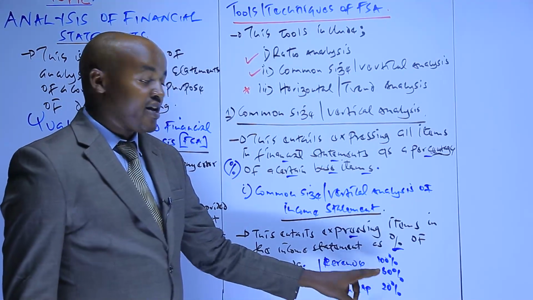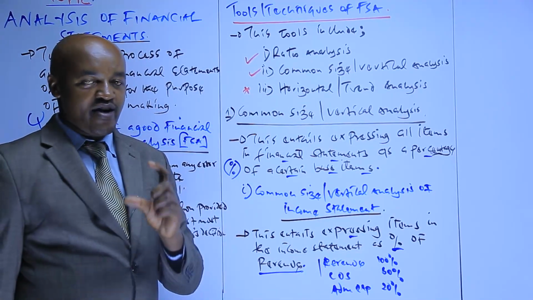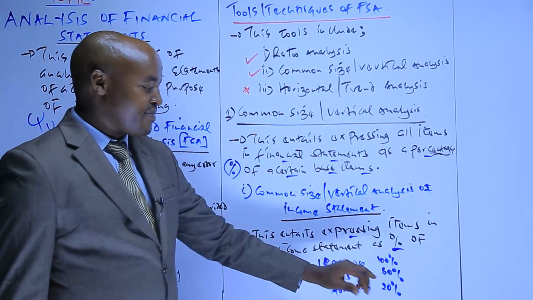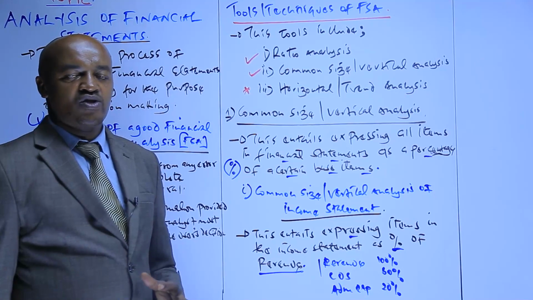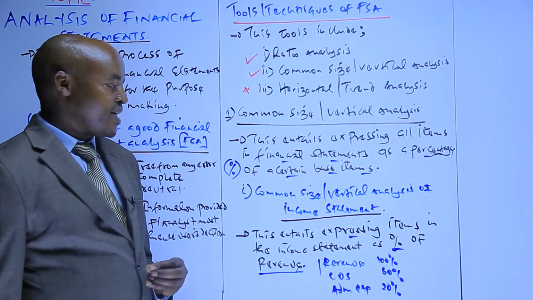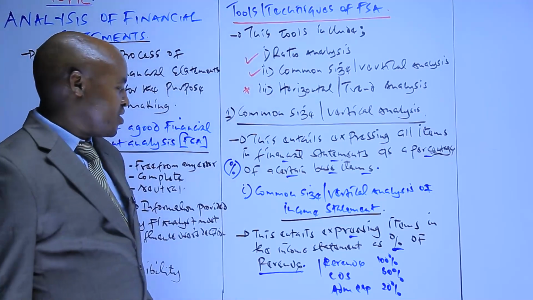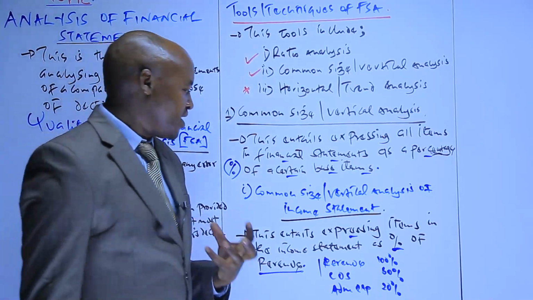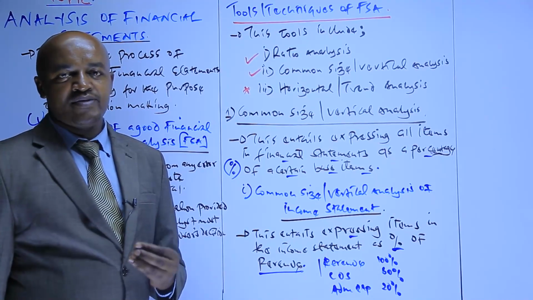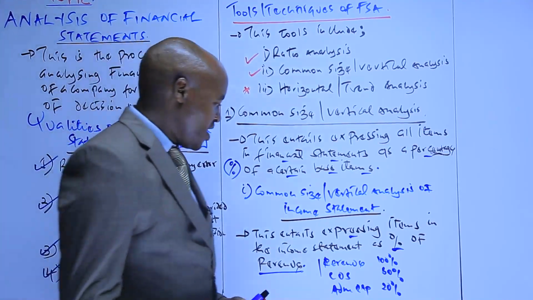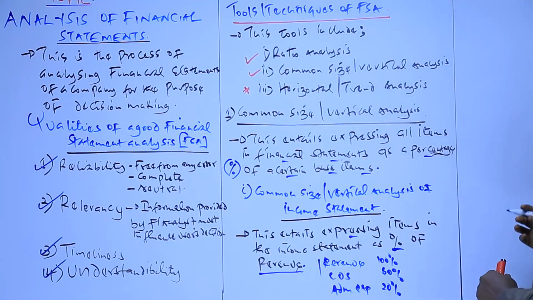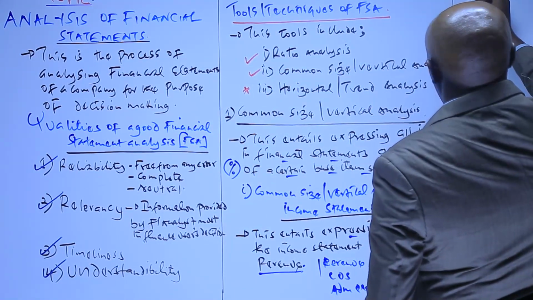For the 60%, for every 100 shillings of the revenue, 60 shillings is used by the company to cater for the cost of sales. So this information is important to the management of the company, particularly when it comes to making internal decisions, and maybe decisions regarding the management of the company's operating cost. So therefore, that's what we mean by the common size or the vertical analysis of the income statement.